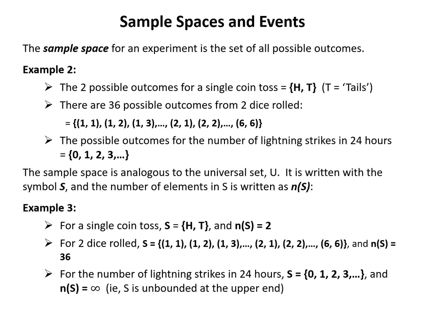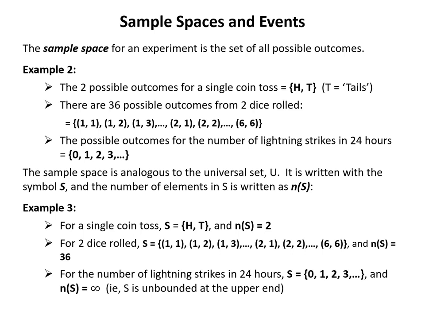The sample space is analogous to the universal set U that we discussed previously in this module. It is written with the symbol S, and the number of elements in the sample space S is written as n(S). So in example 3, we would say that for a single coin toss, the sample space equals the set heads and tails, and the number of elements in the sample space is 2.